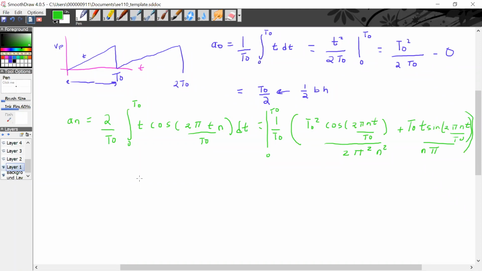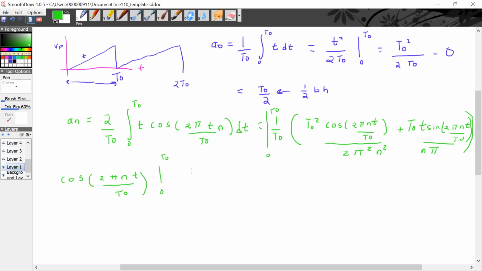So what we can do is just evaluate that at 0 and T naught.